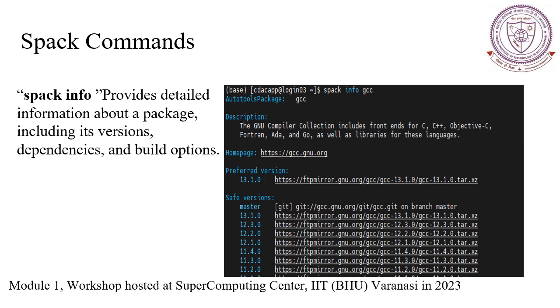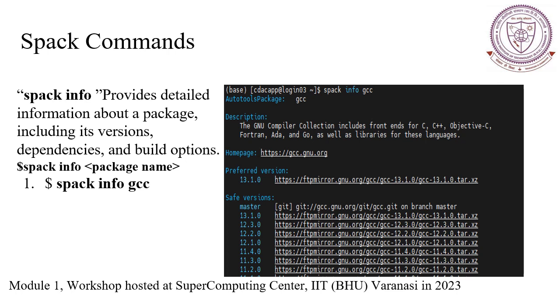Now let's see the Spack info command. The Spack info command provides detailed information about a package, including the version, dependencies, and build options. This is a useful command for learning more about a particular package or for troubleshooting problems with a package.